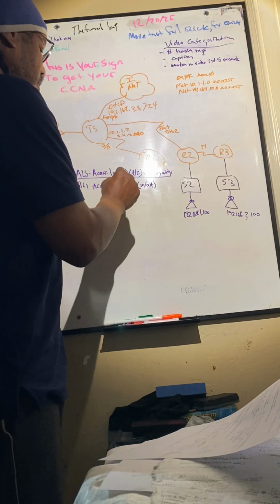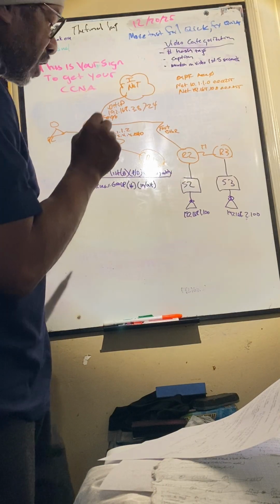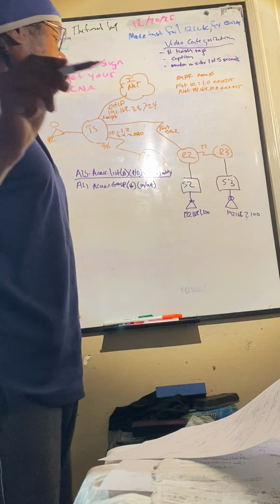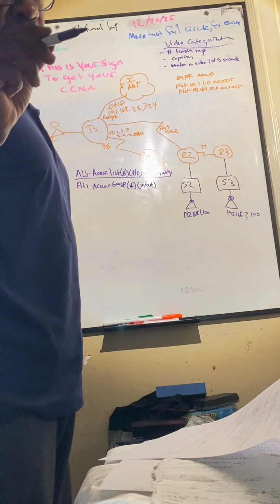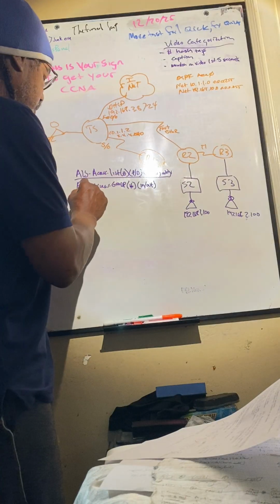These are basically the two commands that you're going to use. There's only two things you have to do when you're creating an access list.